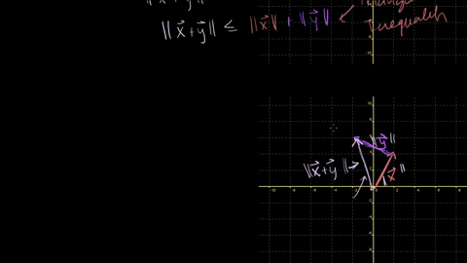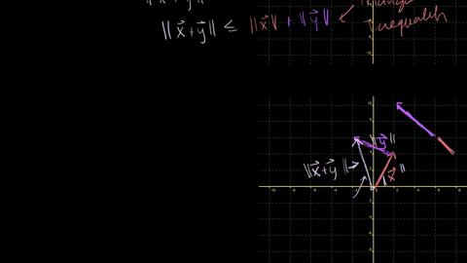And then what's the case in which this length is equal to these lengths? Well, if you keep flattening this triangle out and you go to the extreme case where maybe the vector x looks like this, and the vector y is going in the exact same direction, maybe going a little bit further.